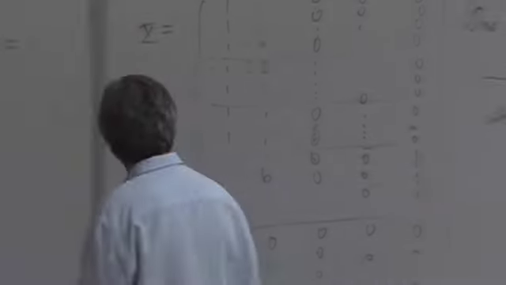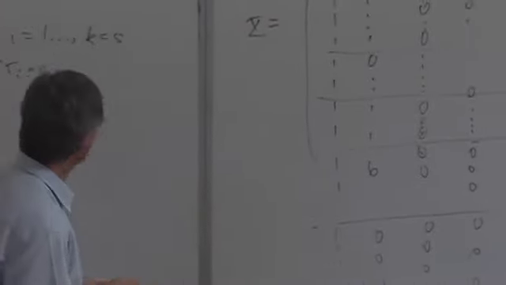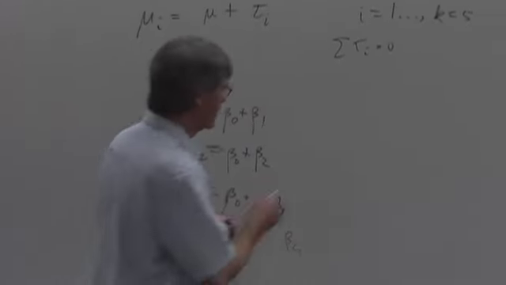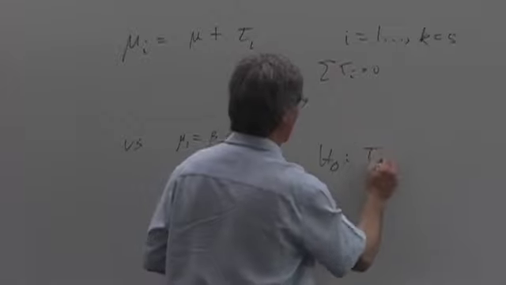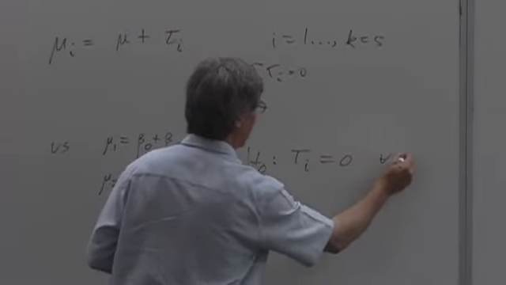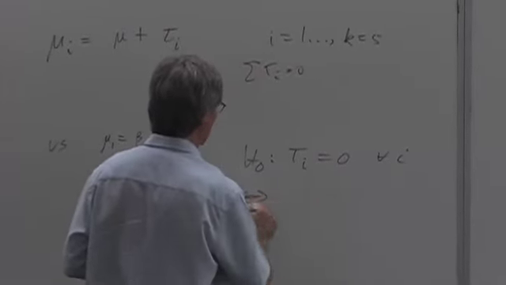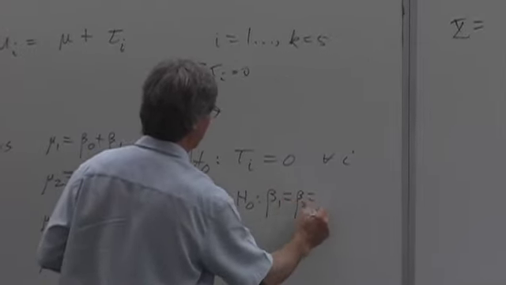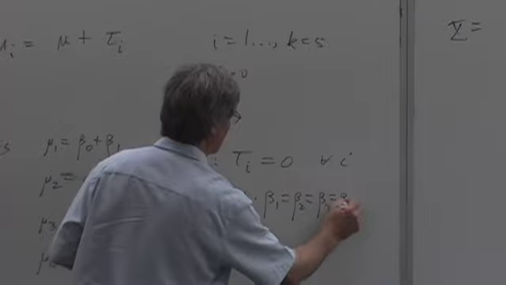The hypothesis that all the taus are equal to 0 is still just the hypothesis that all the beta 1 through beta 4 are equal to 0. So H0: tau i equal to 0 for all i is equivalent to H0: beta 1 equals beta 2 equals beta 3 equals beta 4 equals 0.